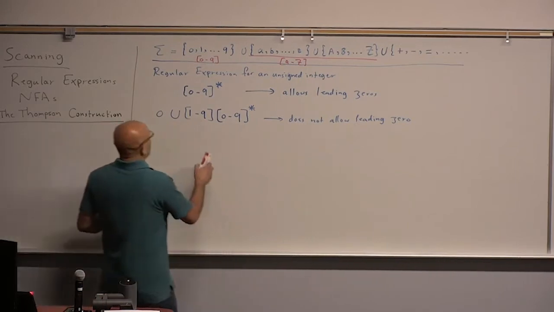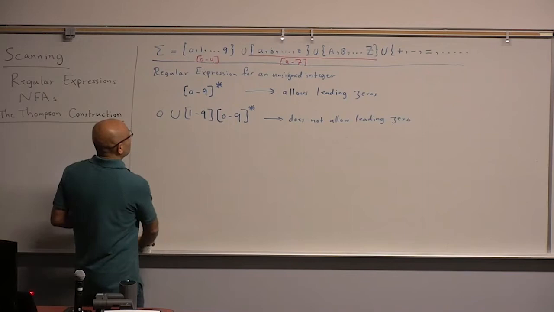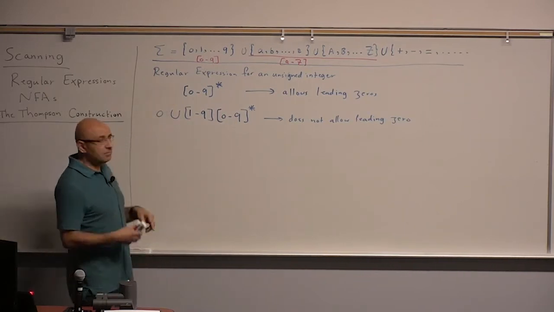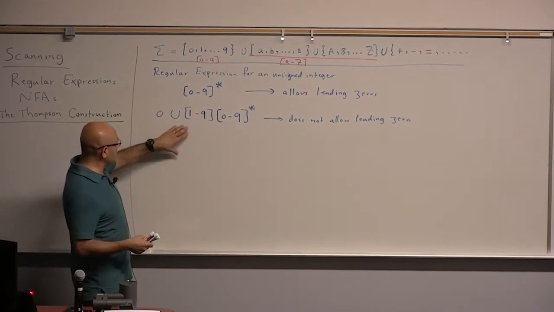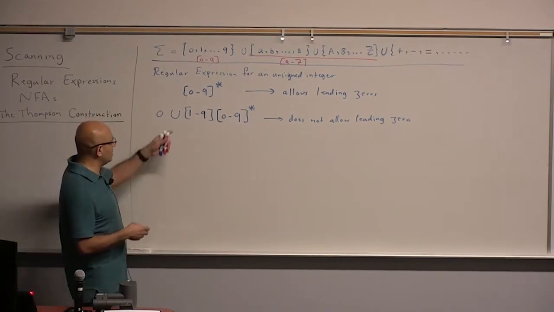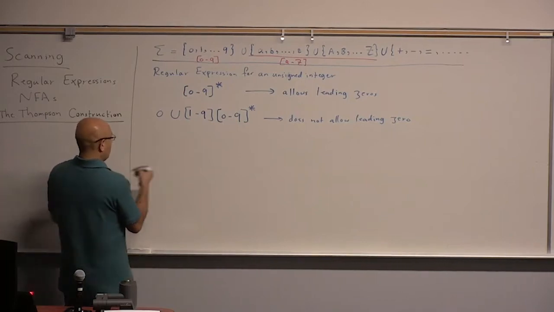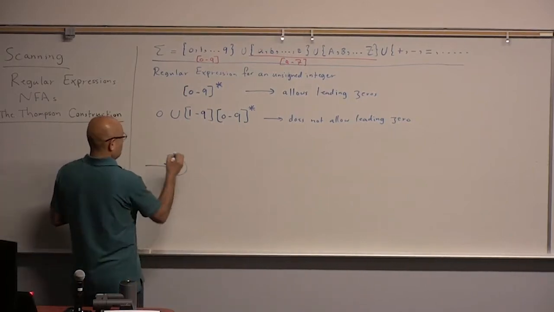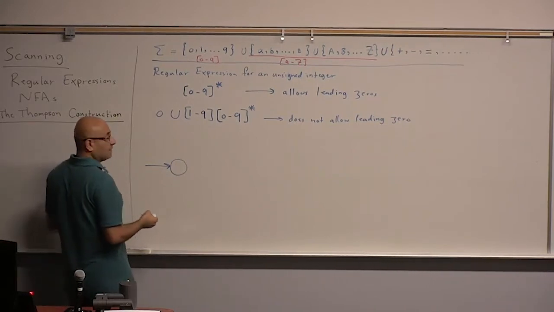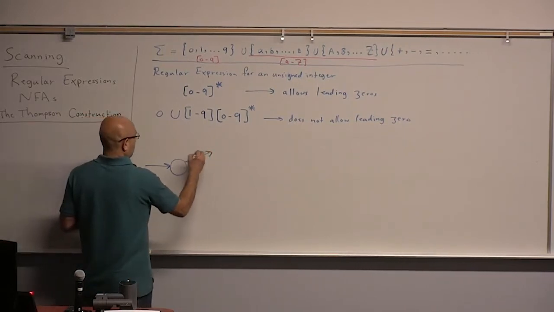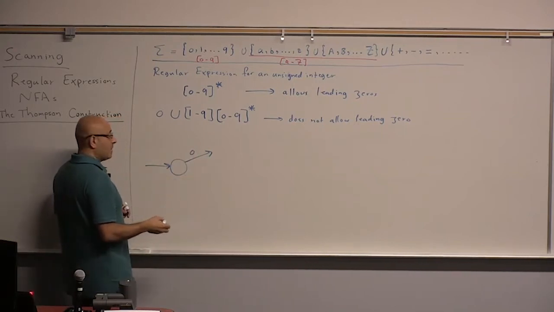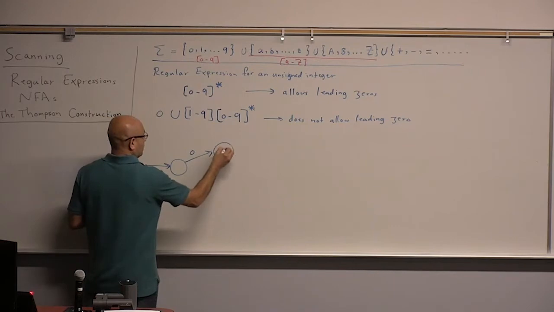Okay. So now, this is an RA. For this RA, it will be easy to think of a non-deterministic finite automaton that is equivalent to this, right? This is our start state. Then we have two possibilities, right? We either start with 0, and if we start with 0, we'll go to an accept state.